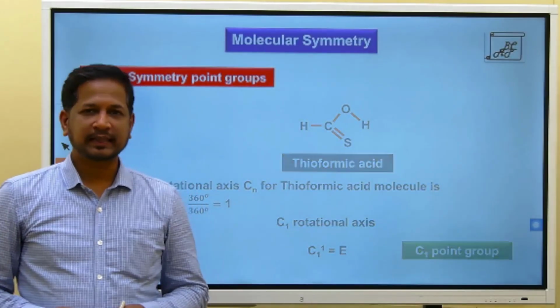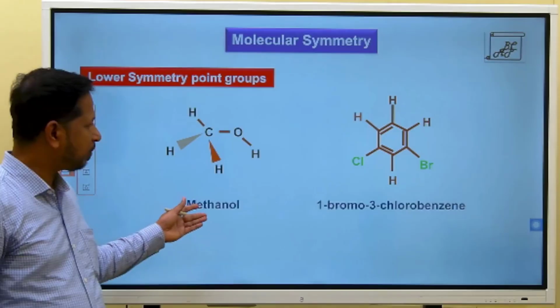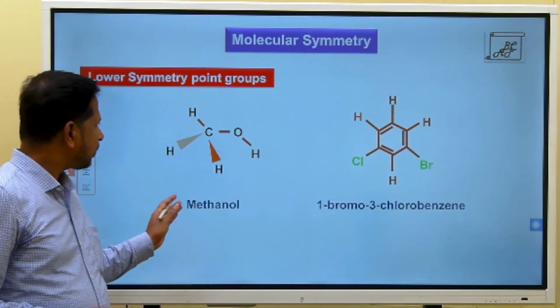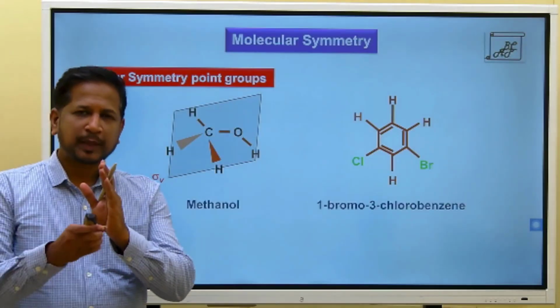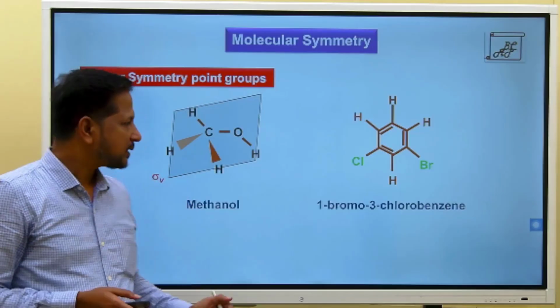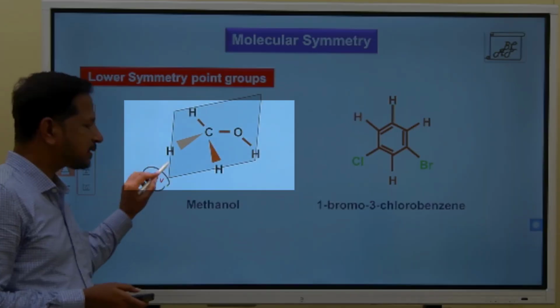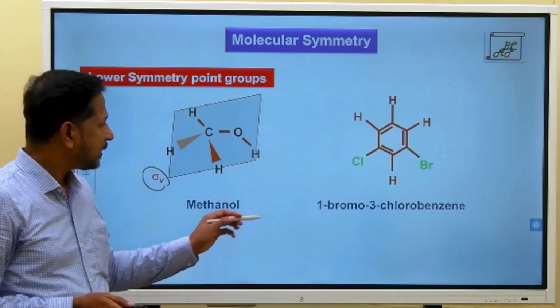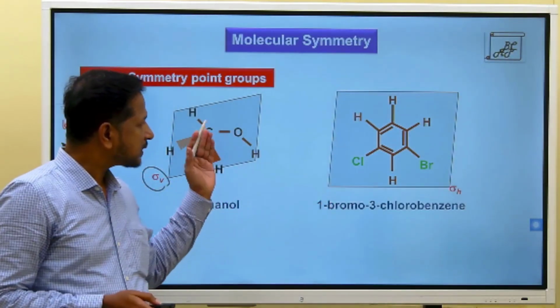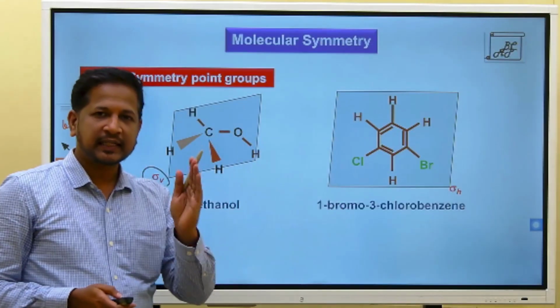Let's see some more examples. Here I am taking the example of methanol and 1-bromo-3-chlorobenzene. In the case of methanol, there is a plane which bisects the molecule into two halves which are mirror images of each other. Such a mirror plane is called a sigma vertical plane. In the case of 1-bromo-3-chlorobenzene, it contains a plane which contains all the atoms inside that plane.